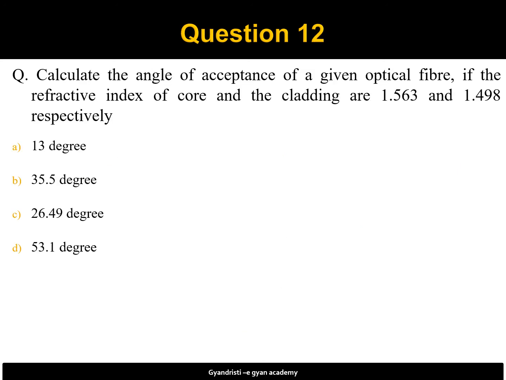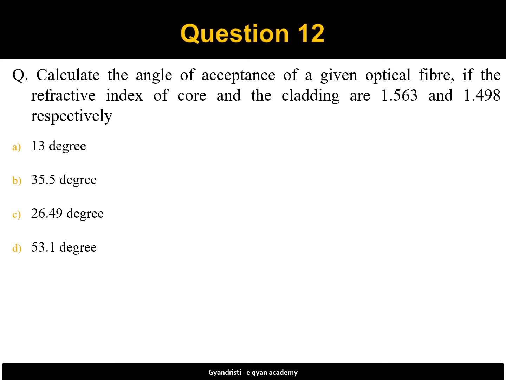In question number 12, it is asked to calculate the angle of acceptance of a given optical fiber if the refractive index of core and cladding are 1.563 and 1.498 respectively. Four options are given. First option is 13 degrees, second option is 35.5 degree, third option is 26.49 degree, and fourth option is 53.1 degree.